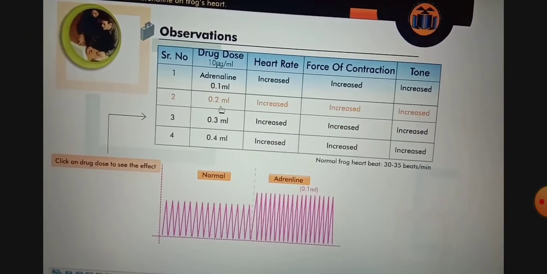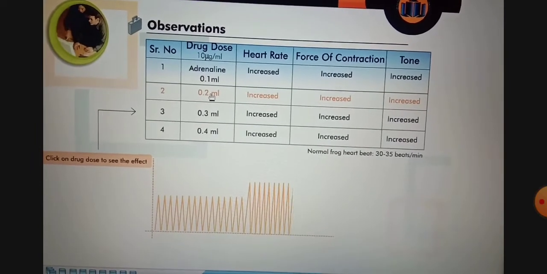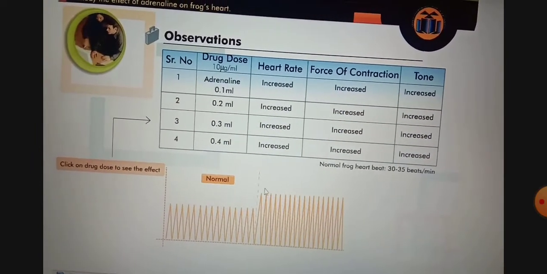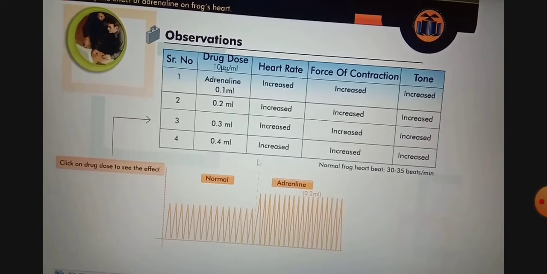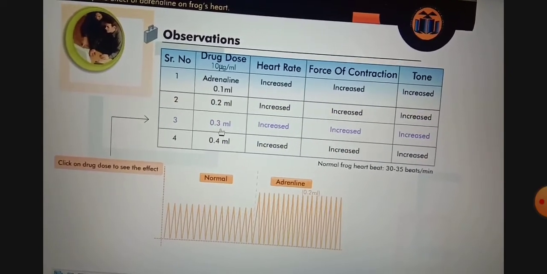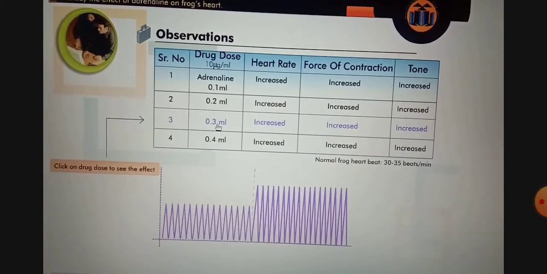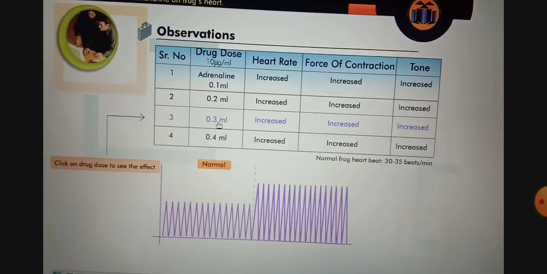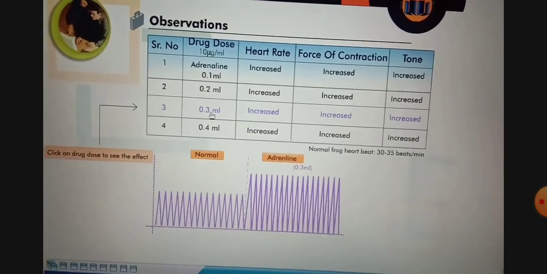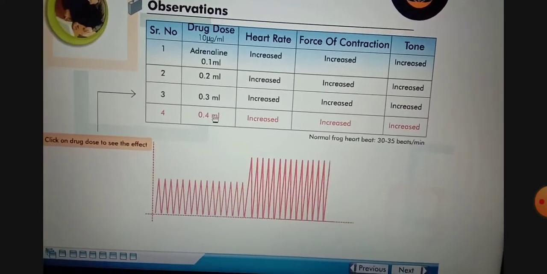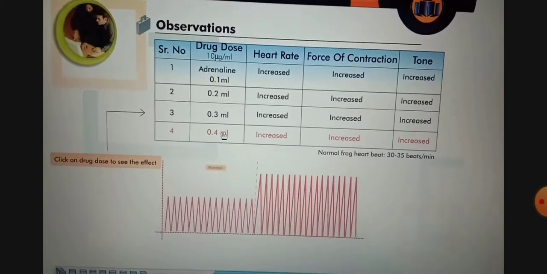This is the graph for 0.2 ml adrenaline dose. There is an increase in the height of these peaks. As the dose increases, the peak height increases gradually. Here you observe the graph for 0.3 ml dose of adrenaline, and this is the graph for 0.4 ml dose of adrenaline.